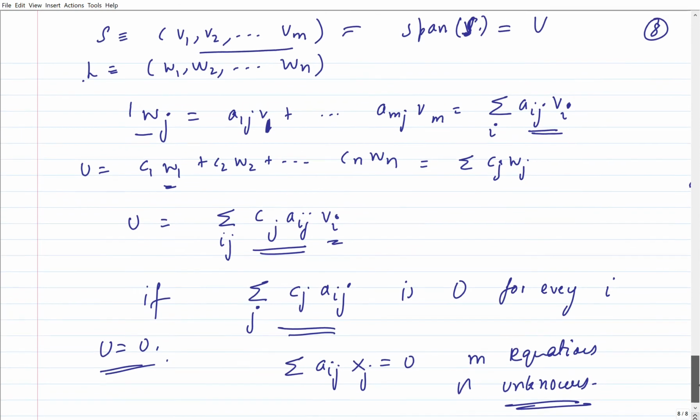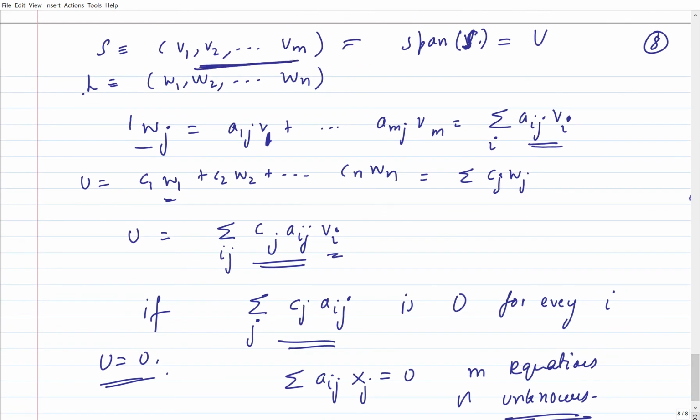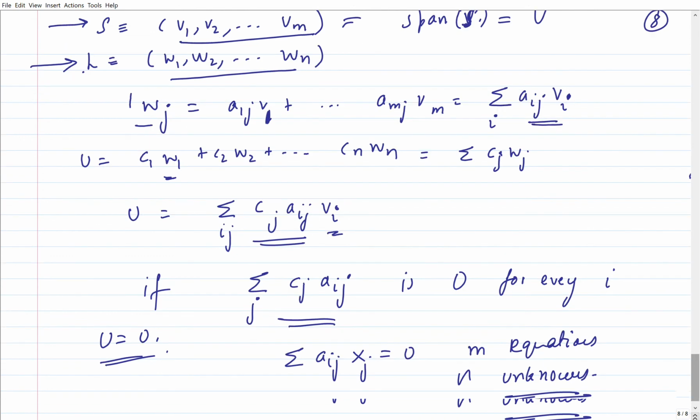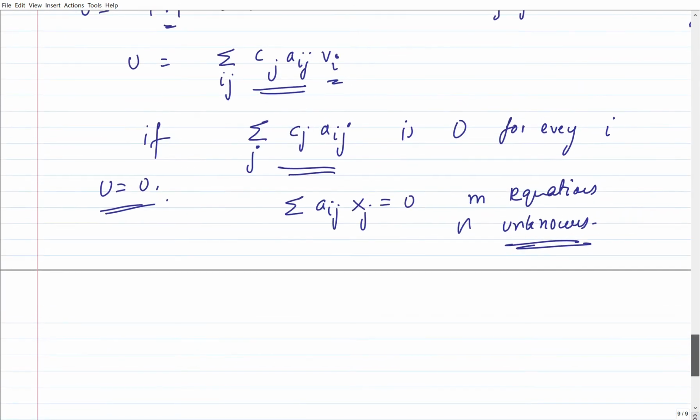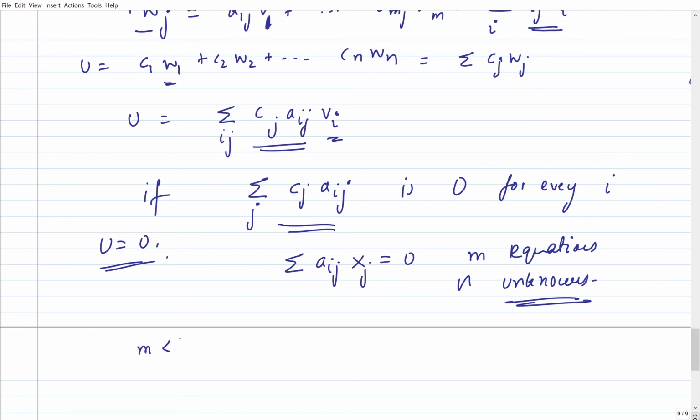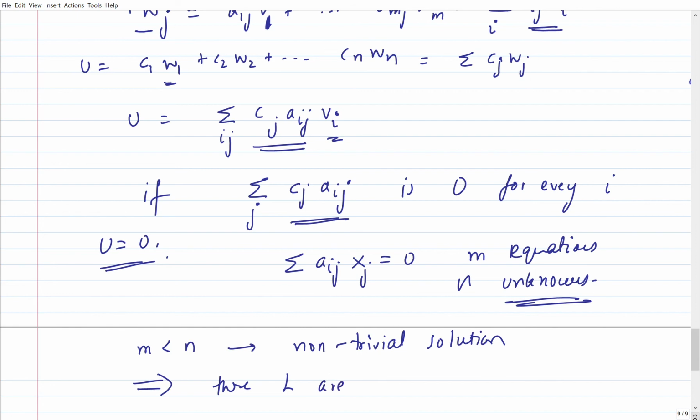Notice what was m? m was the number of elements in my set S, and n was the number of elements in L. So if m is less than n, then this has a non-trivial solution, which implies the vectors in L are linearly dependent.